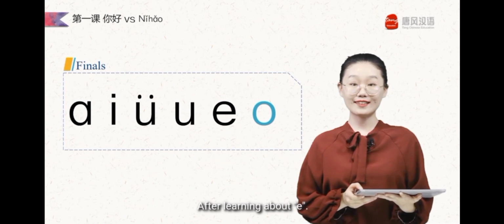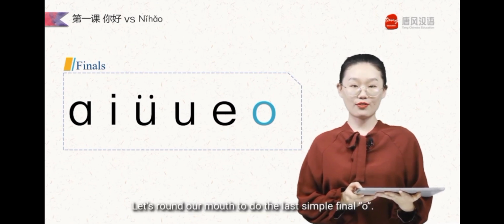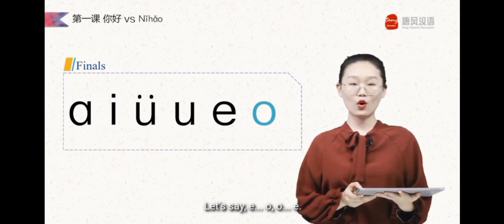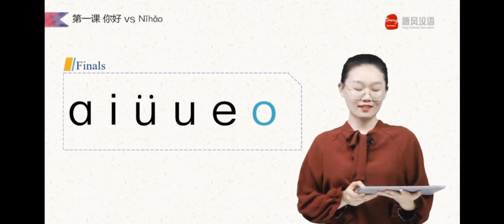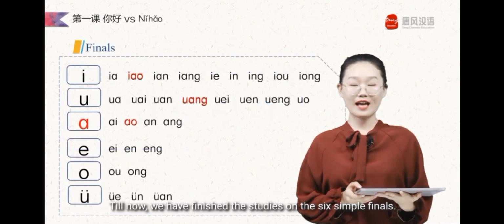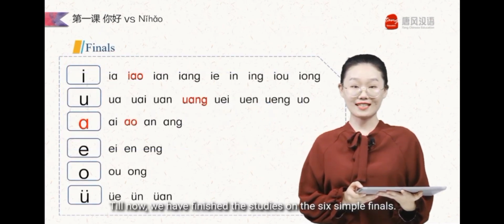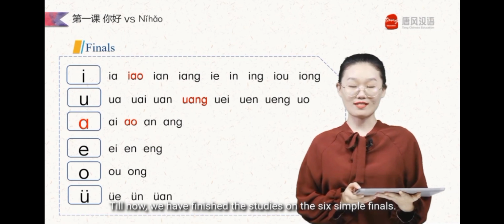After learning about it, let's round our mouth to do the last simple final, 窝. Let's say 窝. Till now, we have finished the studies on the 6 simple finals.